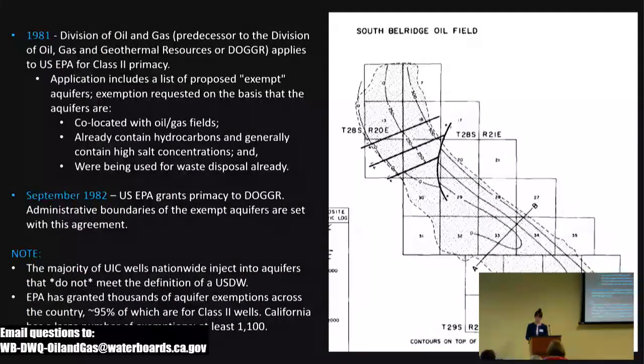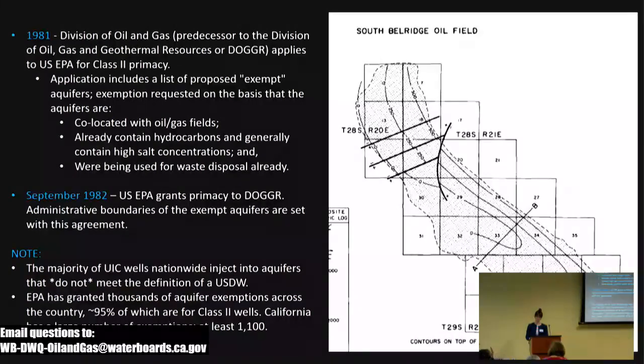We're quite concerned regarding the exemptions and the fact that if we ask DAGA for information regarding the model and the inputs, the outputs, and what happens to the exempt aquifer during these UIC programs, they don't have the data.